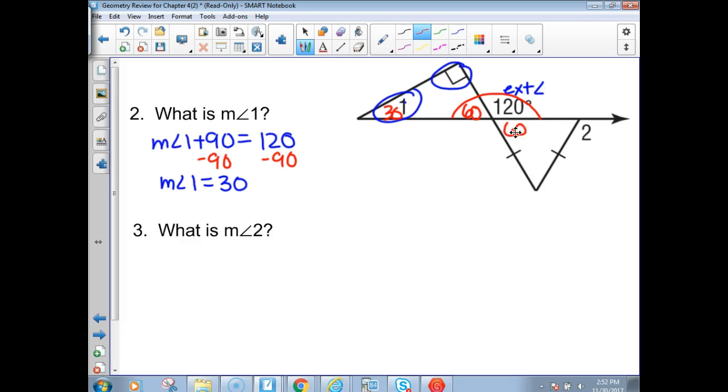If you've got 2 equal sides, then there's got to be 2 equal what? 2 60s, yeah. Where else is there going to be a 60? Right over here. So then angle 2 is going to be 120, because they are a linear pair. So the measure of angle 2 is 120.